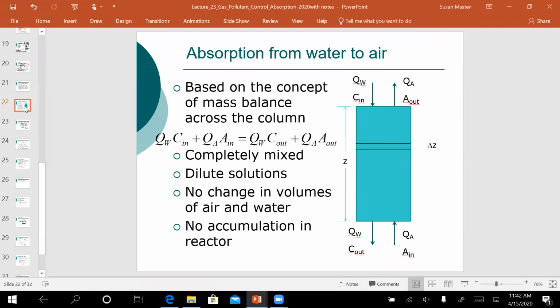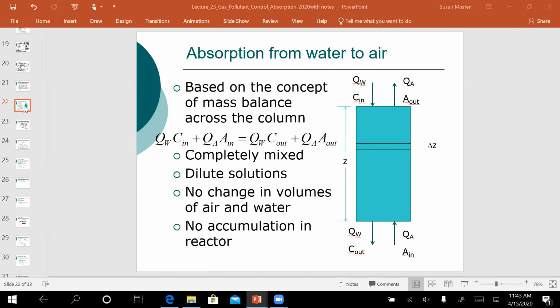We left off looking at absorption, so AB, and we had looked at absorption from air to water, and now what we're looking at is from water to air.